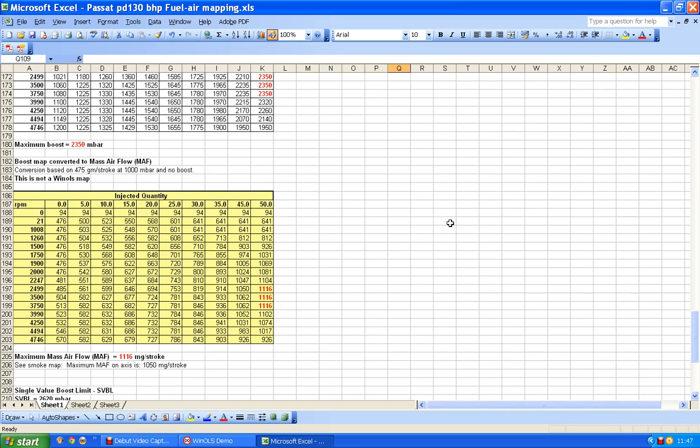Having got that, I'm just for the moment going to put that there, 18.1, and I'm going to say to myself, well, what if I want to inject 60? And what if I want to inject, and again 18.1, what if I want to inject 70 milligrams?